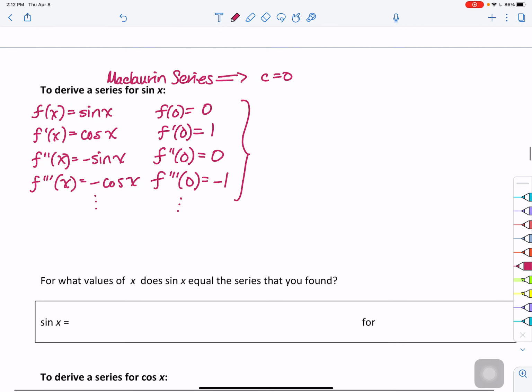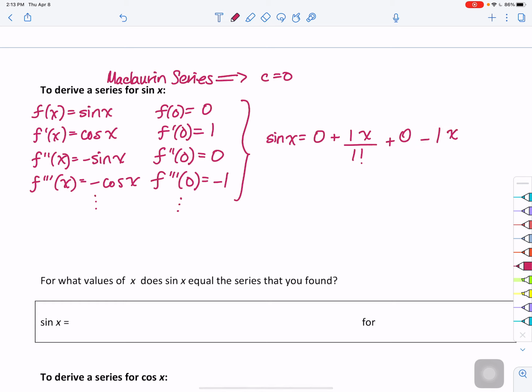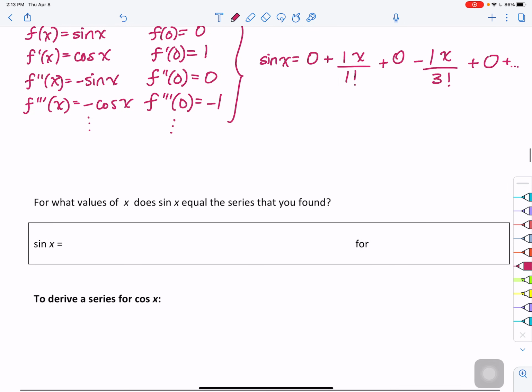So let's go ahead and write a few of those terms. The sine of x is equal to, our first term, which is 0, plus 1 times x divided by 1 factorial, plus 0, and then we have a minus 1 times x cubed divided by 3 factorial, plus, and you can see that's going to be a 0, plus dot, dot, dot. It's going to keep going. So let's write the series that we just found.